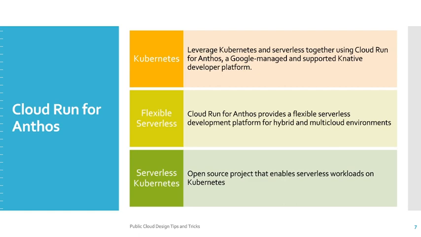As I said, you can run it in your own data center and use all the cloud capabilities via Anthos. Then there is serverless Kubernetes, where you can use the open source project that enables serverless workloads on your Kubernetes. Most of the open source projects can be realized by Cloud Run for Anthos.